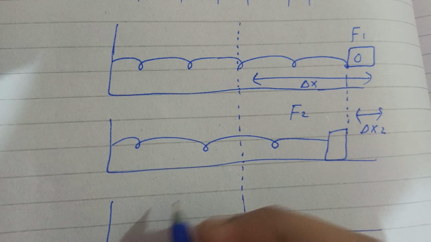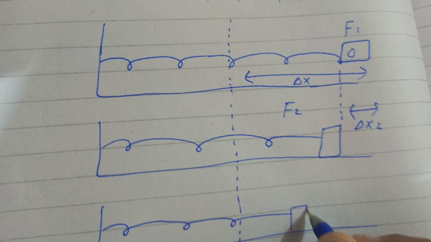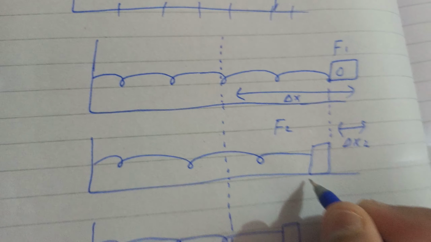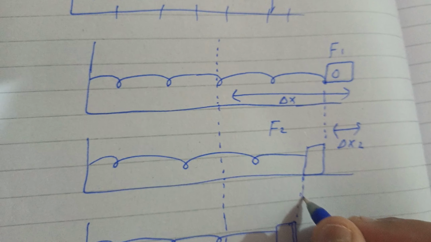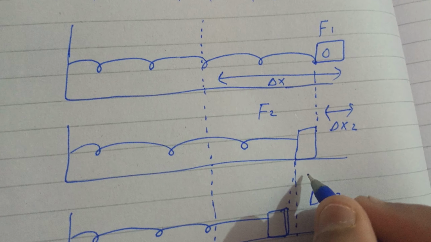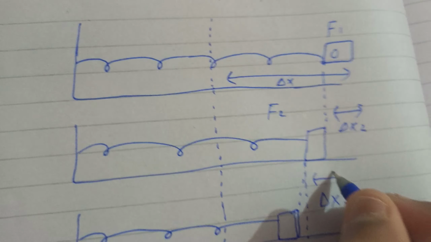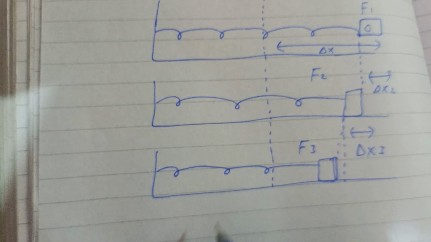Now again we'll make the diagram here. Again we have the mean position, again we have the spring. Now on this side, what will be the distance? The distance will be delta x3, and it will be given the name f3.